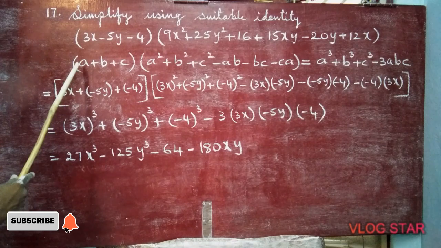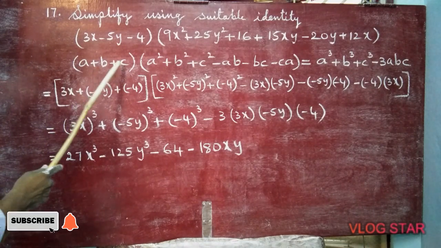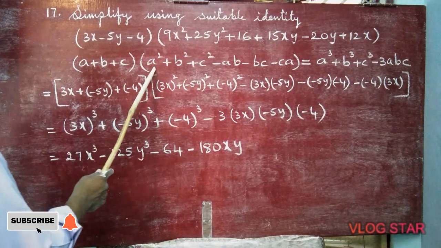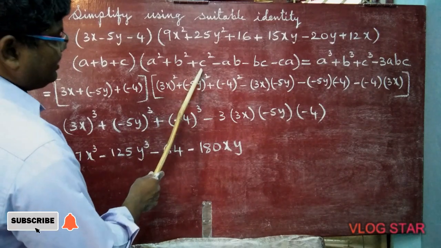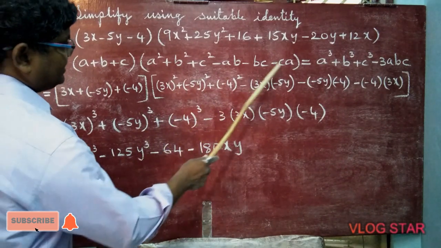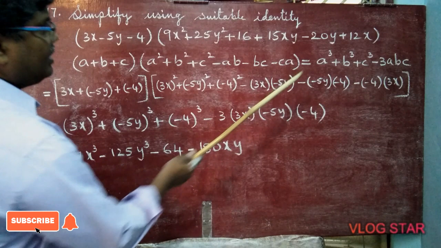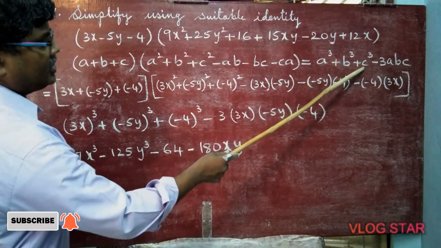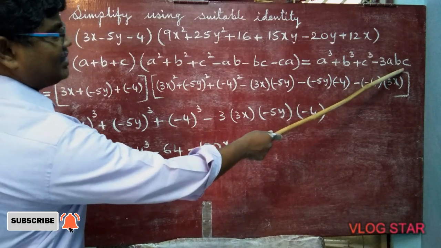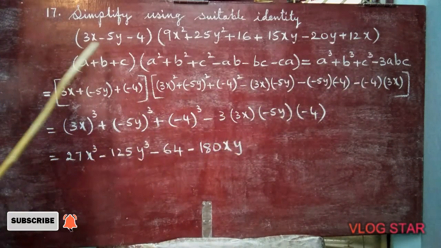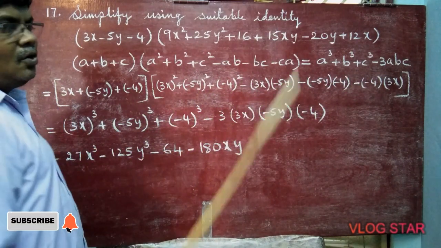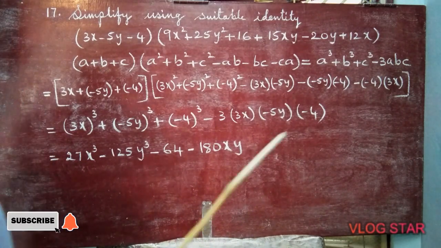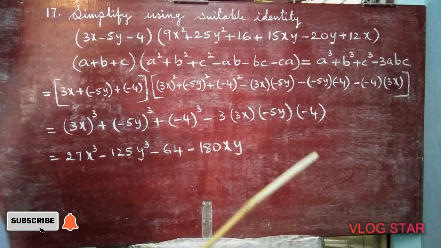Now the suitable identity is (a plus b plus c) into (a square plus b square plus c square minus ab minus bc minus ca) is equal to a cube plus b cube plus c cube minus 3abc. Very very important formula. If you know this formula, you are good in the whole chapter.